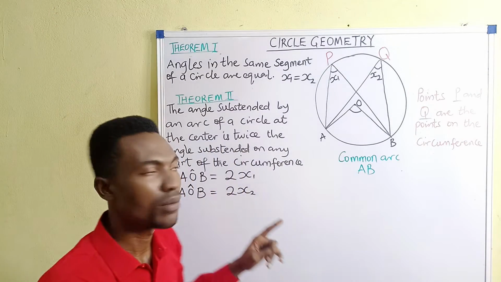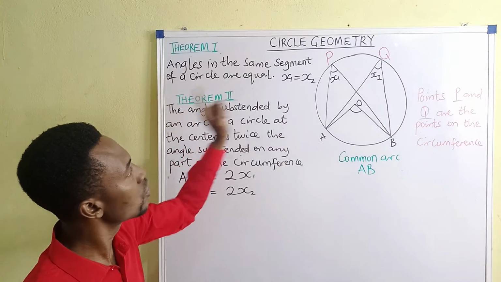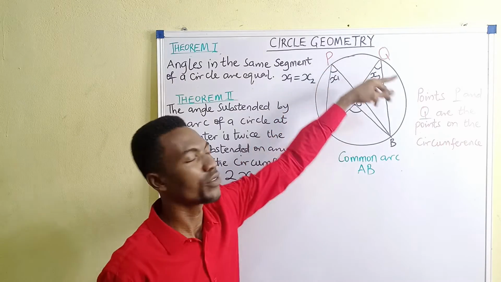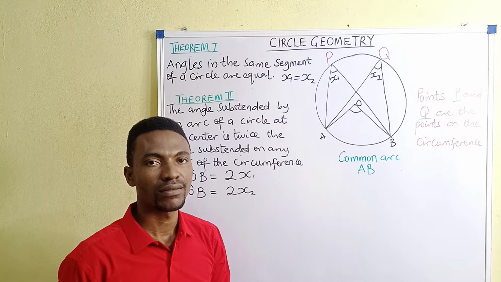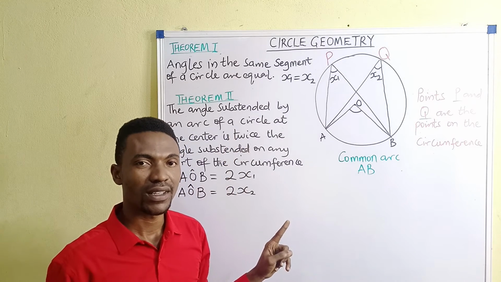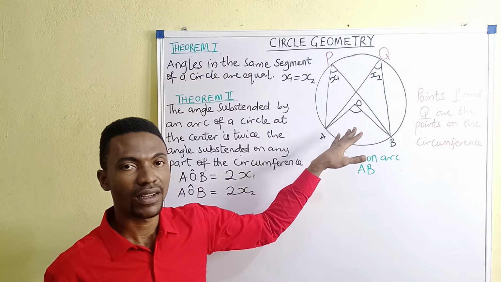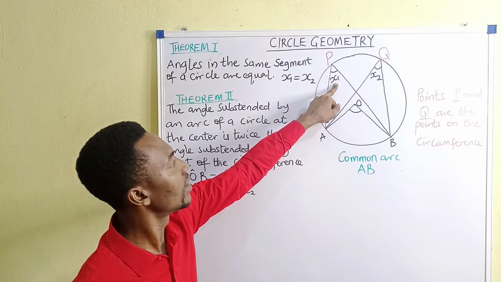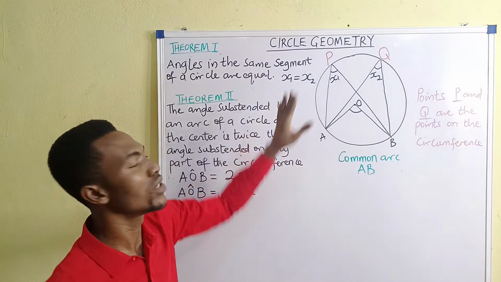Now, this theorem is saying if two angles originate from the same arc and they are on the circumference, then they are in the same segment. I'll take it again. Two angles are in the same segment if they both originate from the same arc and they are on the circumference. So you see that x1 and x2 have a common arc they originate from. So they are said to be in the same segment.